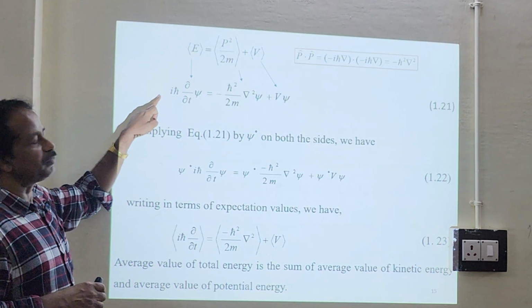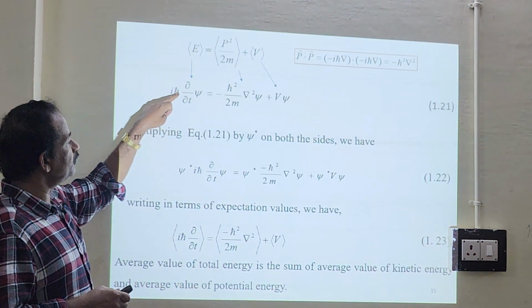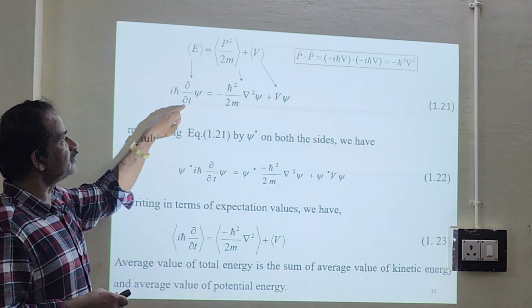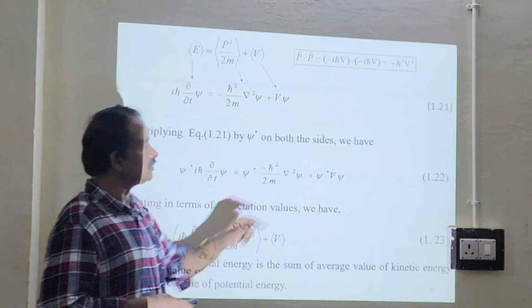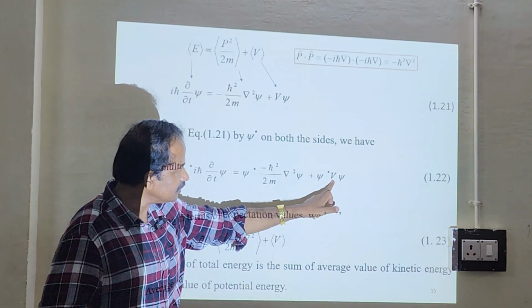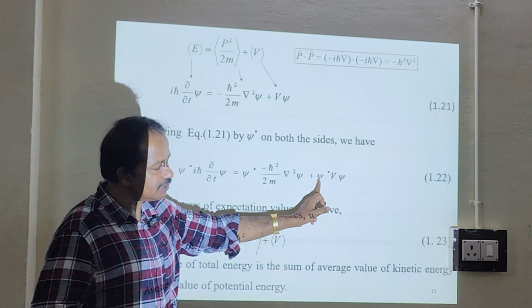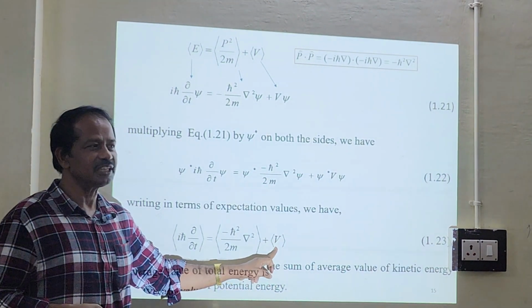Now you are going to multiply on both sides by psi star. So this will give you psi star i H cross d psi by dt. Correct. What is this one? Simply we can say that this is an operator sandwiched between the complex conjugate and the normal one, which is nothing but the expectation value.